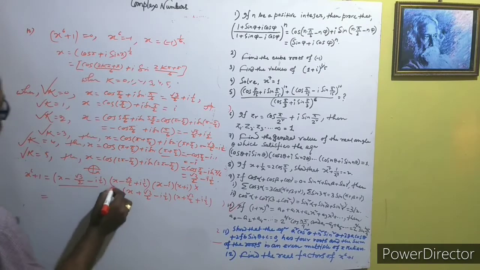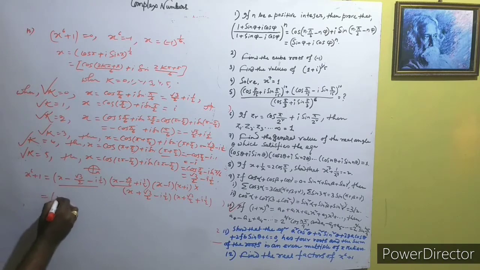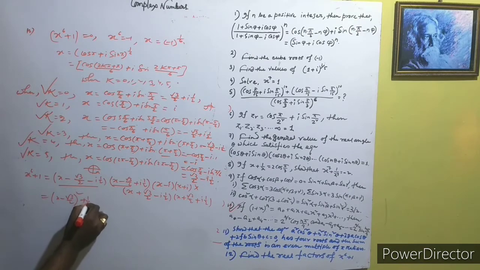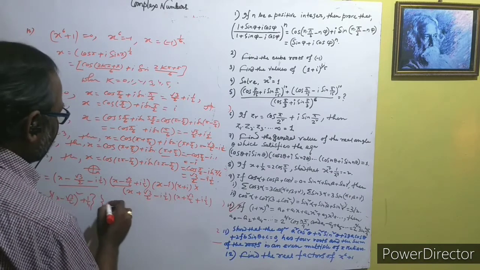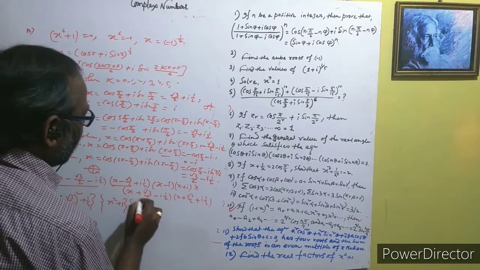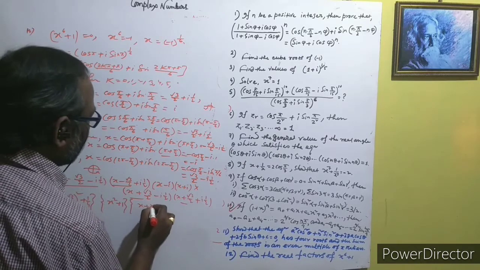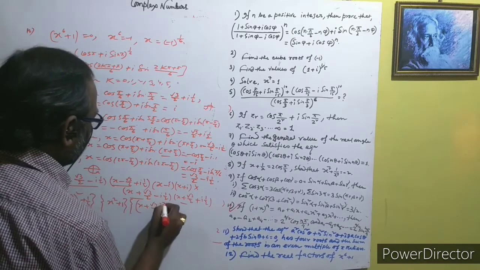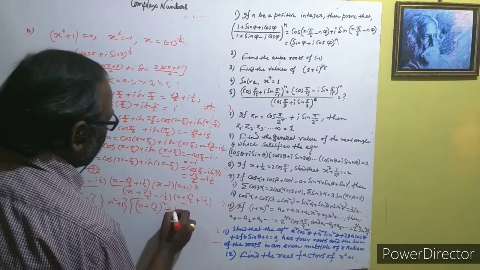If we multiply these as a plus b times a minus b, we get the whole square plus 1 by 4. If we multiply these two, we get x square plus 1. Multiplying the other two, we get x plus root 3 by 2 whole square plus 1 by 4.